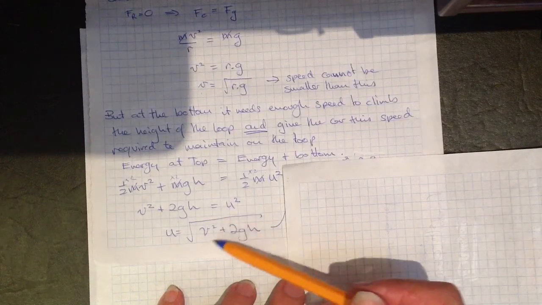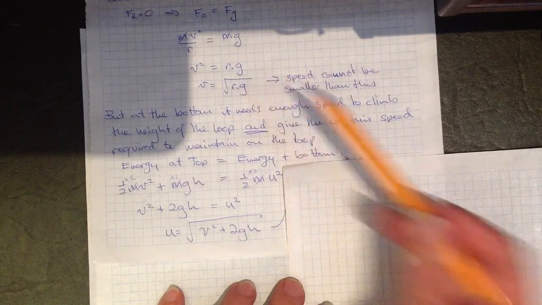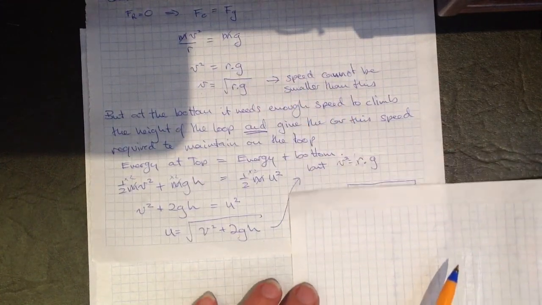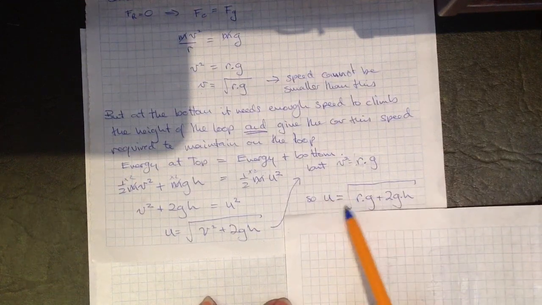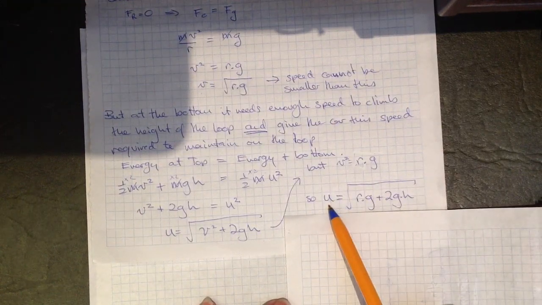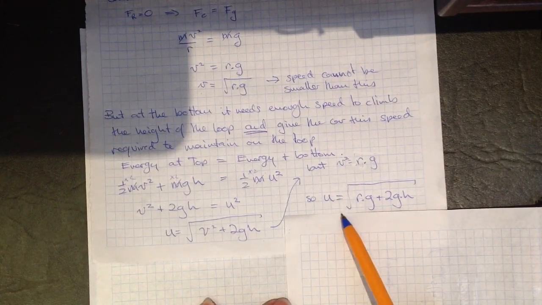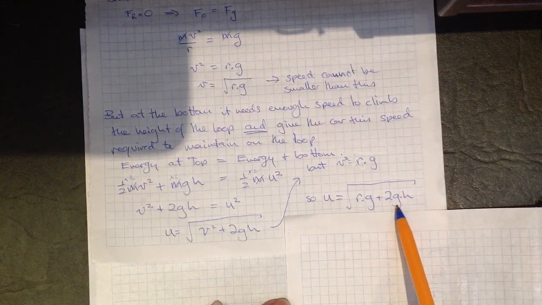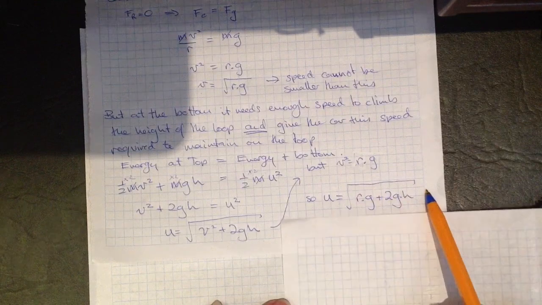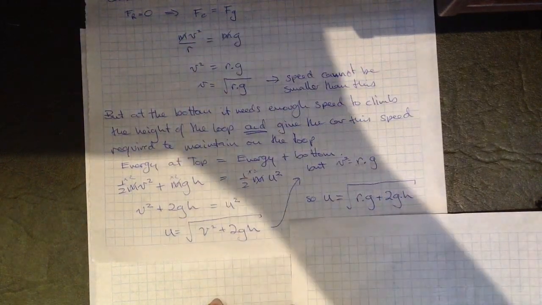Because we know what v squared was equal to from up above, we can substitute that in as well, and we end up with a relationship which doesn't require us to know the velocity at the top of the loop at all. We now know that u is equal to the square root of r times g plus 2 times g times the height, and that should give us the speed required when going into the loop.